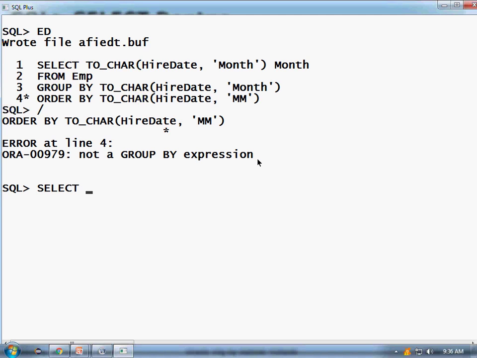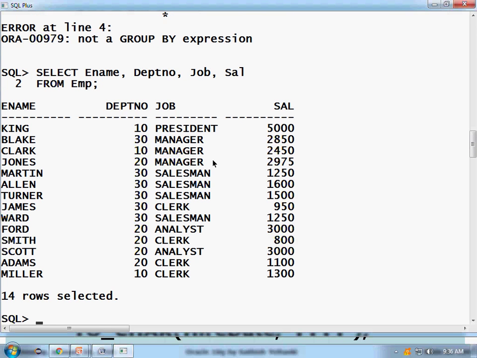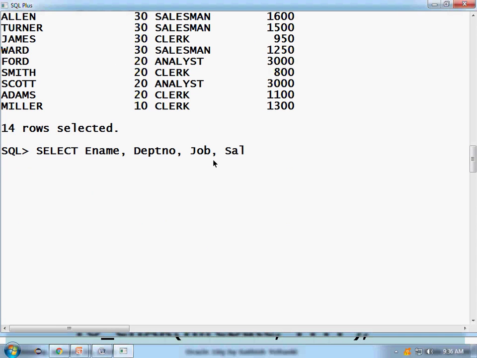So just try to understand a few things now. I just want to go back and recollect what you have learned previously. You are saying select ename, comma, department number, job, comma, sal, and we are saying from EMP. I am getting 4 columns of data without any kind of additional instructions.